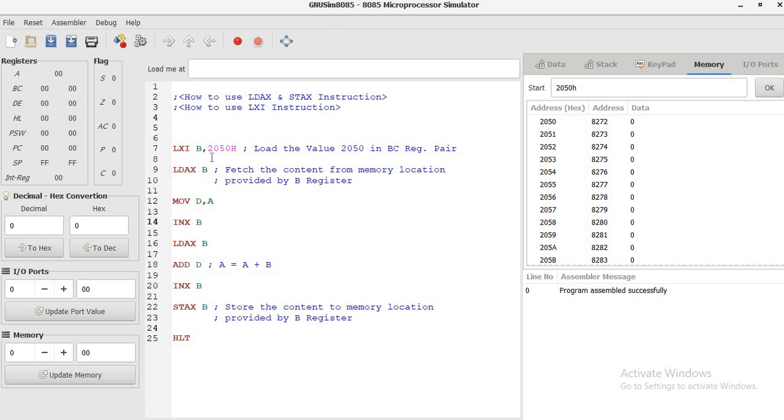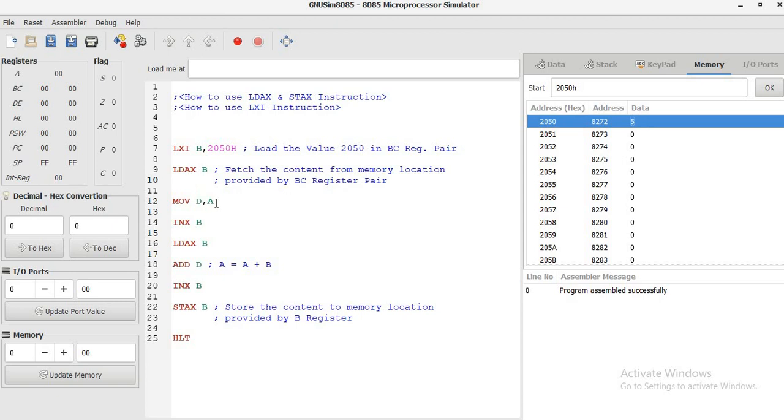It means the content will be fetched from the memory location provided by the B register. Actually it is not only the B register, it is the BC register pair. So the content is 2050, which means it will refer to memory location 2050 and find the data. For example, if there is 5 there, that 5 will be fetched and provided to the accumulator.